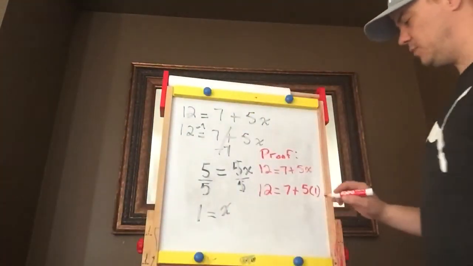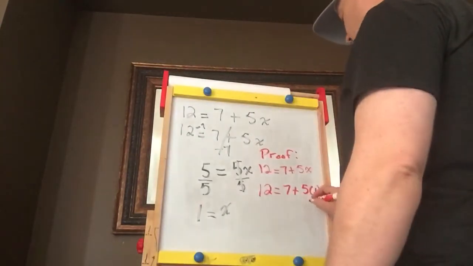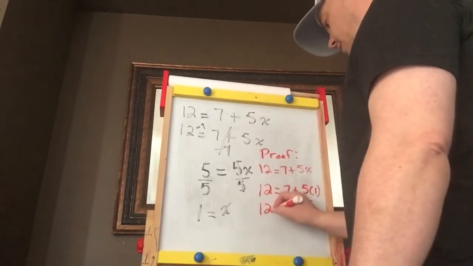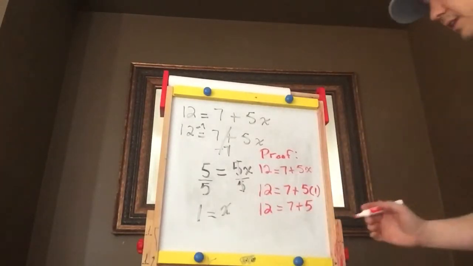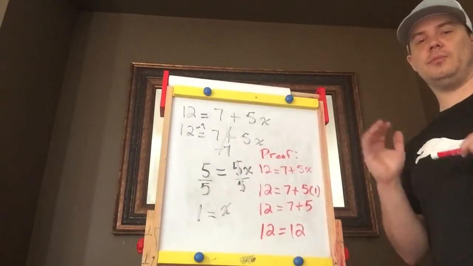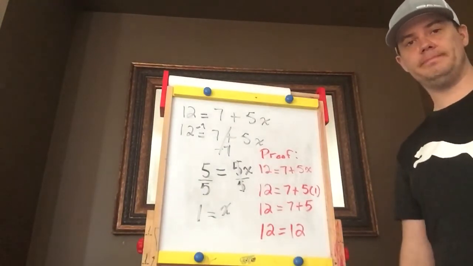Okay, 5 times 1, we do the multiplication first, is 5. You end up with 12 equals 7 plus 5, and 7 plus 5 does in fact equal 12. So, that tells you that you got the right answer for your variable x equaling 1. Okay?